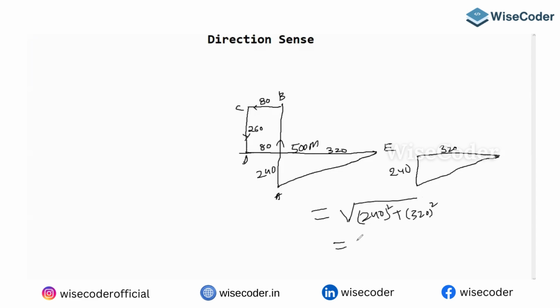If you calculate, you will get the square root of this. 4 square is 16, so you include the zeros and you will get 400 meters. So 400 meters is the answer for this particular question.